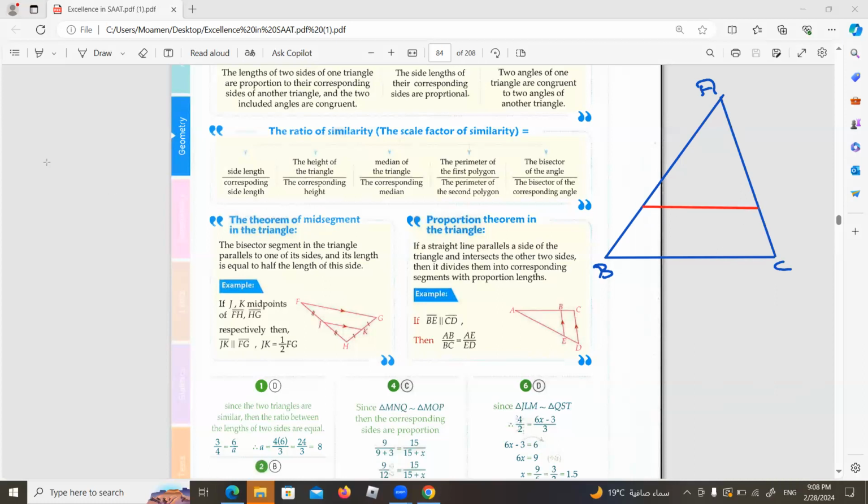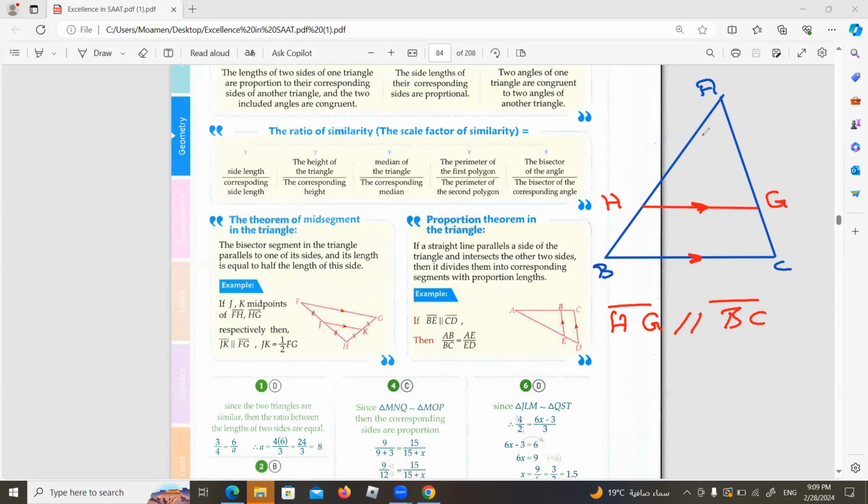And I say that this line, which is called, for example, HG, is parallel to BC. They are parallel. From where? From this sign. This is a sign of parallelism. So I just write HG is parallel to BC. What can I deduce? You will deduce that HG divides the other two sides into proportional parts.